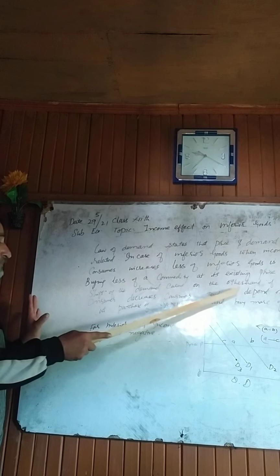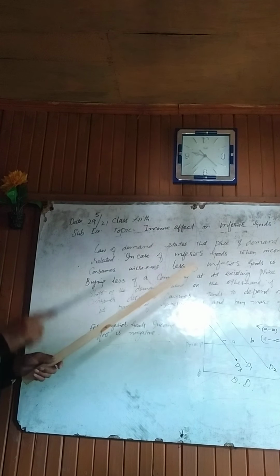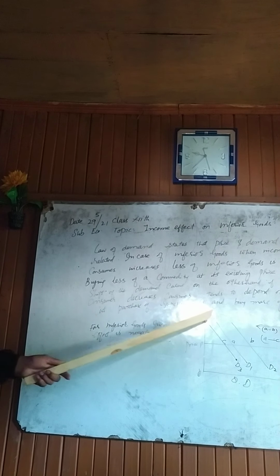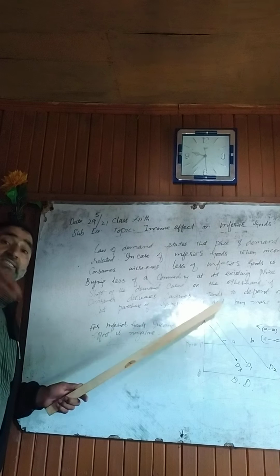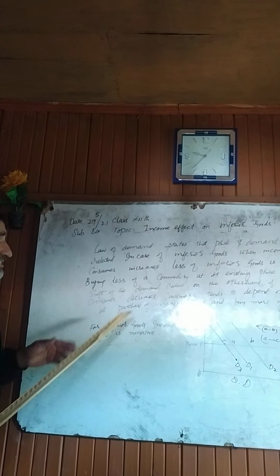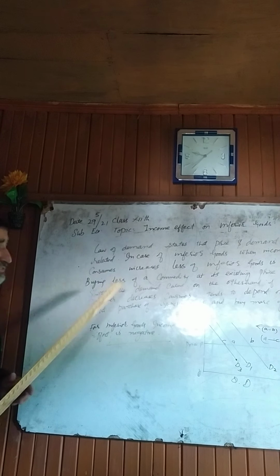In case of a decrease in his income, he will tend to buy the inferior good, but this is possible only when he purchases less of superior goods because his income has decreased. This can be illustrated with the help of this diagram.